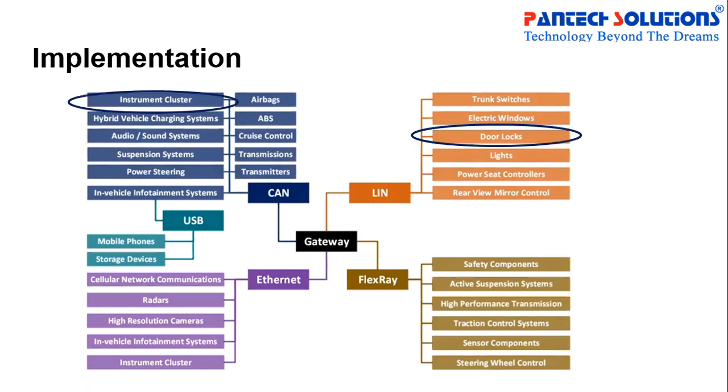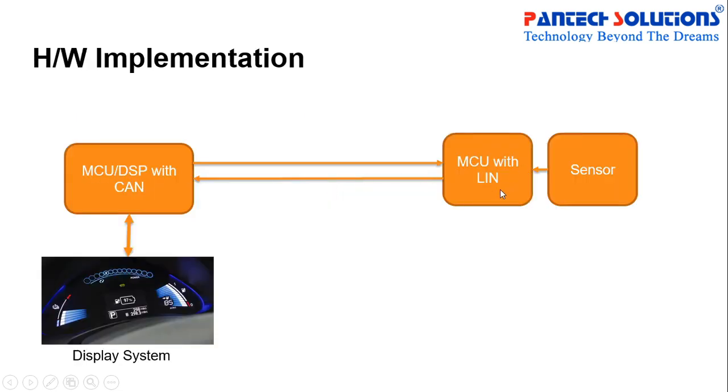If we take a door lock and the instrument cluster, the door lock will have a sensor that is used to identify whether the door is open or not. So the information needs to be transferred to the cluster model. In the cluster, a TFT display will be there.